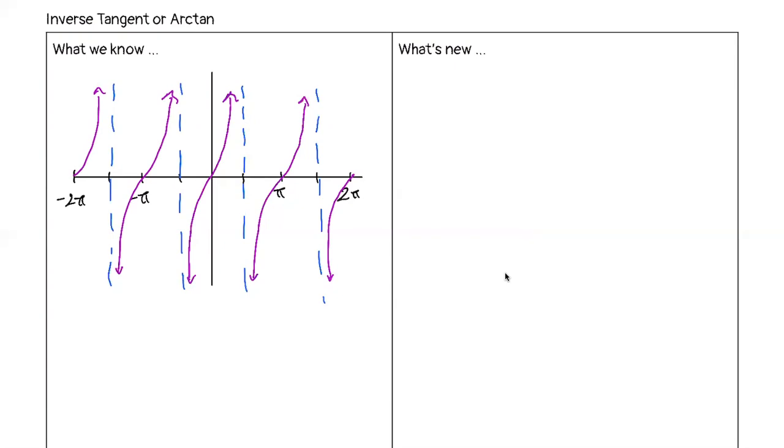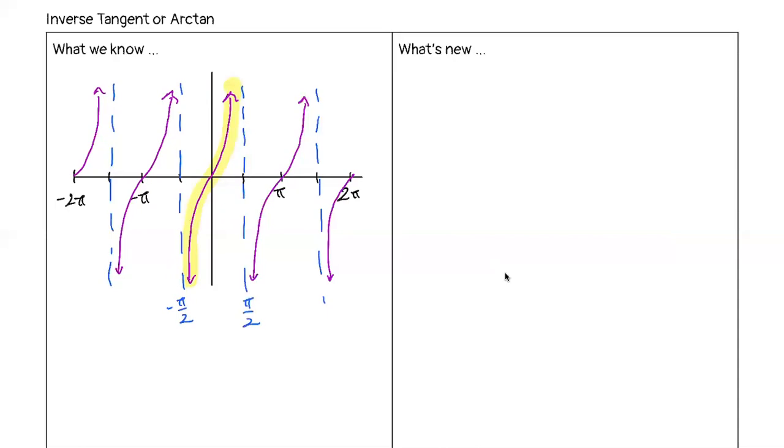But when mathematicians were like, which part of the graph should we flip? They just decided to pick one of the branches. And like for sine, they picked the one that goes from -pi over 2 to pi over 2.